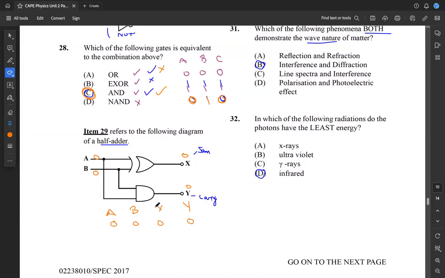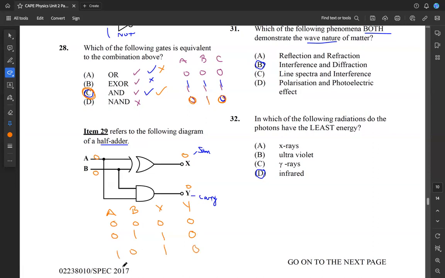And if we put in 0 and 1, and we're asking the half adder to add those together, the sum of that would be 1, and our carry would be 0. We're just adding it. The sum is up here, the carry is down here. Now, if we're adding 1 and 0, the sum would still be 1, but the carry is 0. So that's what we get down here.